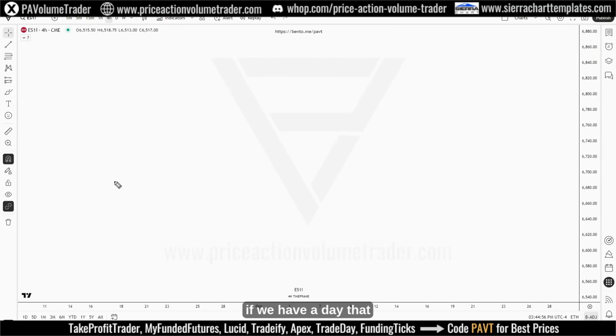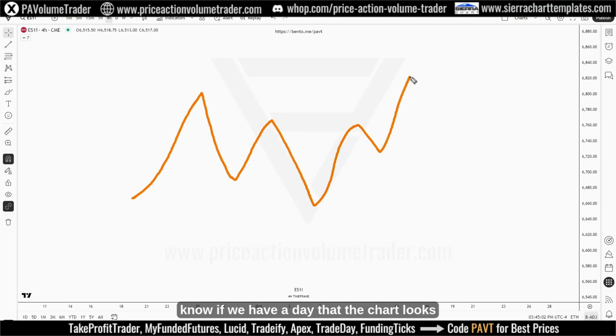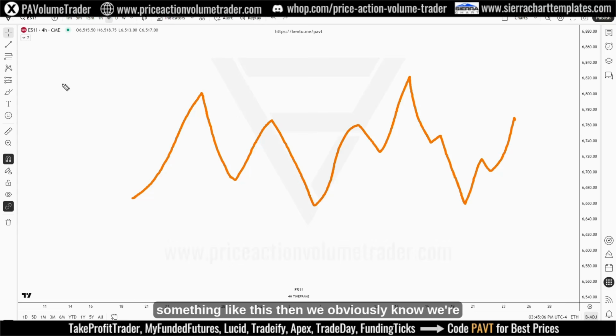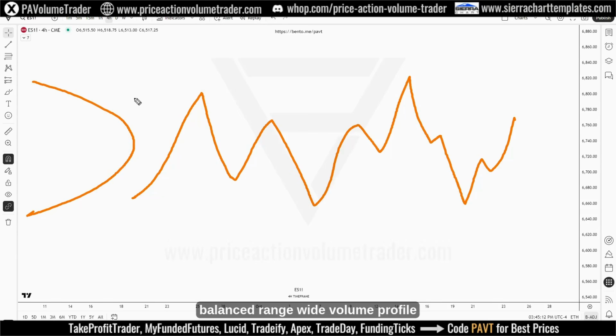For example, if we have a day that is very rangy, where the chart looks something like this, then we obviously know we're going to have a very wide, balanced volume profile. On range days, the name of the game is fading the edges.